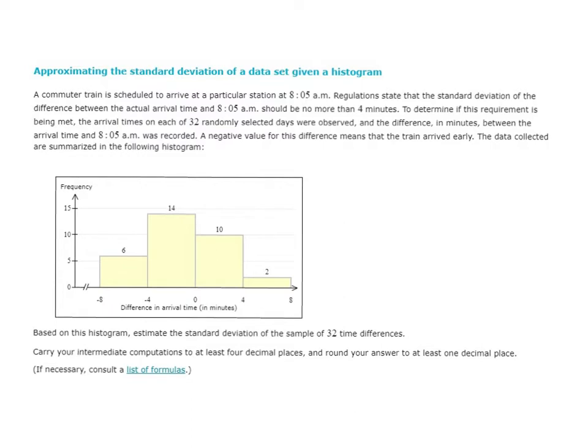Okay, so in the last homework, we did standard deviation of a set of numbers. Now we are given a histogram, and we've got to try to estimate the standard deviation of these 32 numbers. But we can't see all 32 of these numbers, but they're in these little bars right here. So the best we can do is estimate.